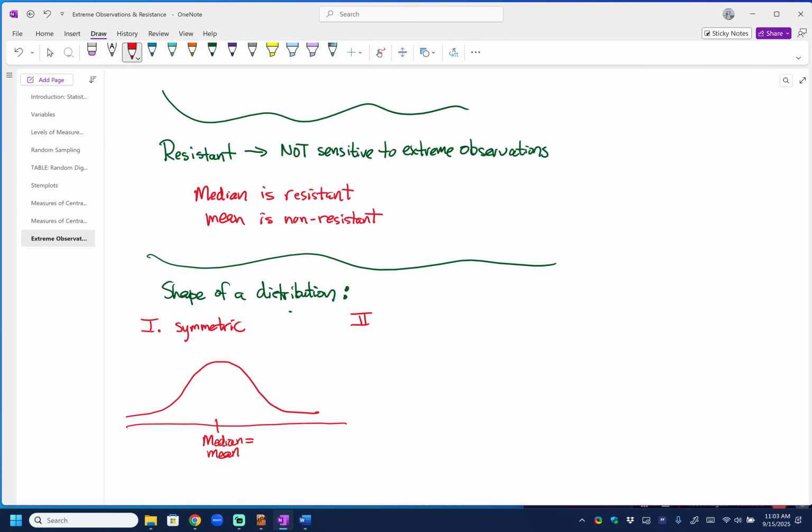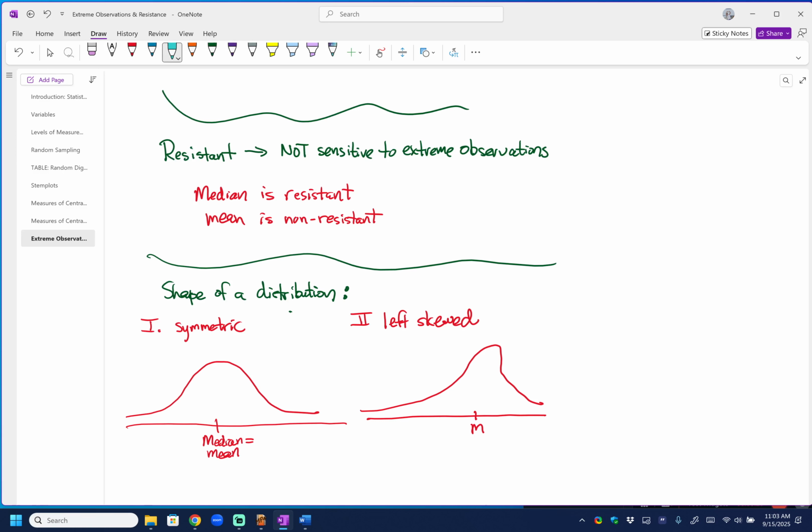Okay, let's look at yet another shape. Let's say we have a left skewed distribution. Okay, what does that look like? That would be something like this, right? We would expect the median to be in a similar location towards the center of the distribution, but we now do have extreme observations likely in a left skewed distribution.